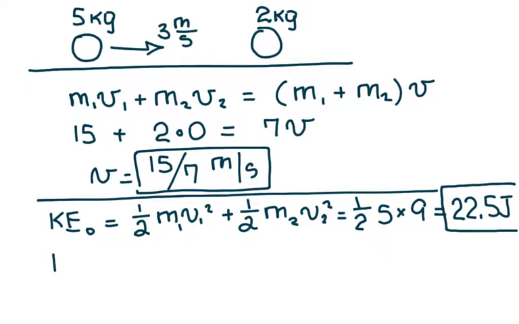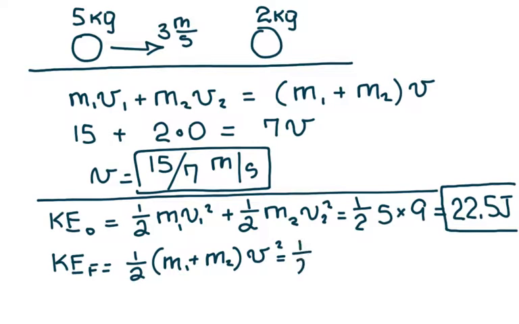And then kinetic energy after, the final, they stuck together, so I have 1/2 their masses together and their velocity squared together. So I have 1/2 the mass, their mass together is 7, and their velocity after the collision, the one that we found, is 15 over 7 squared.